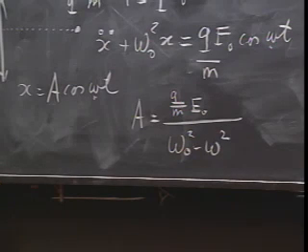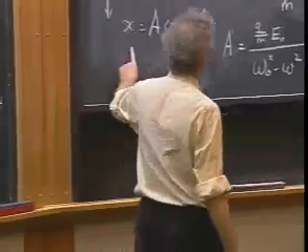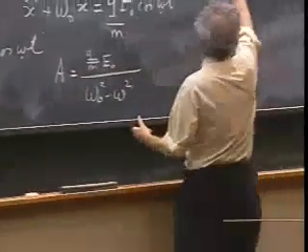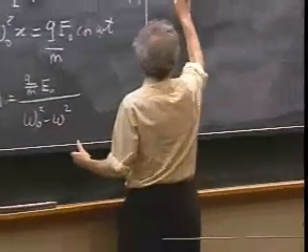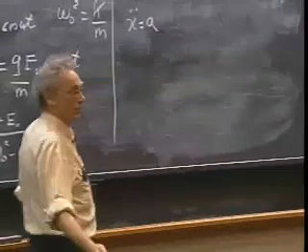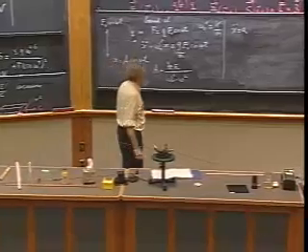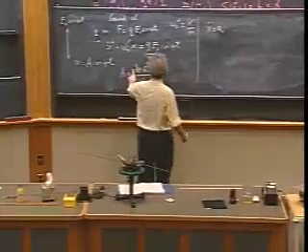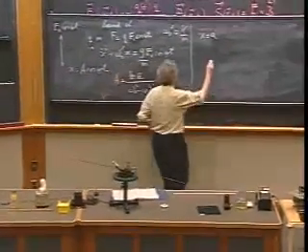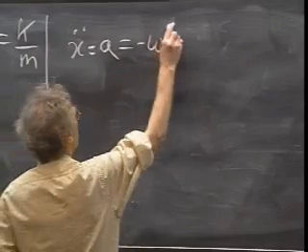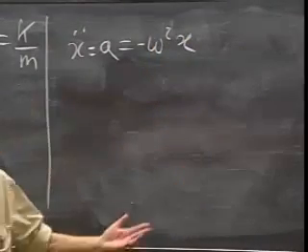But now we want to know how much radiation it's going to produce. So we have to calculate what x double dot is, because x double dot is the acceleration of the electron, and then we want to see how much radiation comes out. The x double dot becomes minus omega squared times x. It's just taking the second derivative, right?